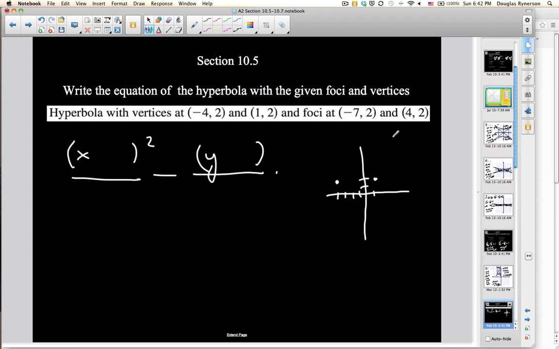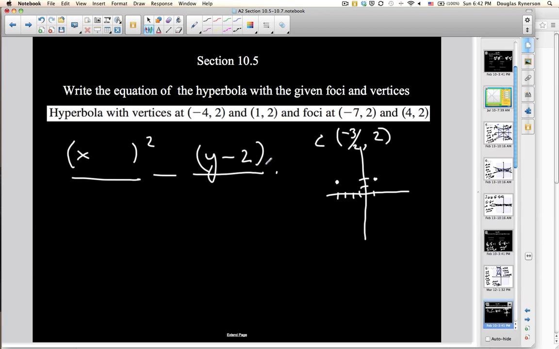I know the coordinate's going to be 2. There was no change vertically, so it's going to stay 2. But I'll have 1 plus negative 4 is negative 3 divided by 2 using the midpoint formula. That's negative 3 halves, so it's negative 1.5. So this is h, and this is k.